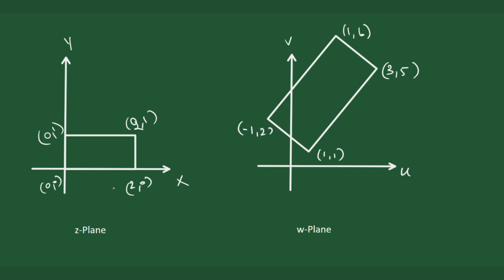Based on the given transformation, it has been transformed into a diagram like this. So this is the image of that rectangular region in the w plane. If we notice, magnification takes place, rotation and also translation. Okay, so this is an example of conformal mapping for the given transformation w is equal to (1 plus 2i) z plus (1 plus i).